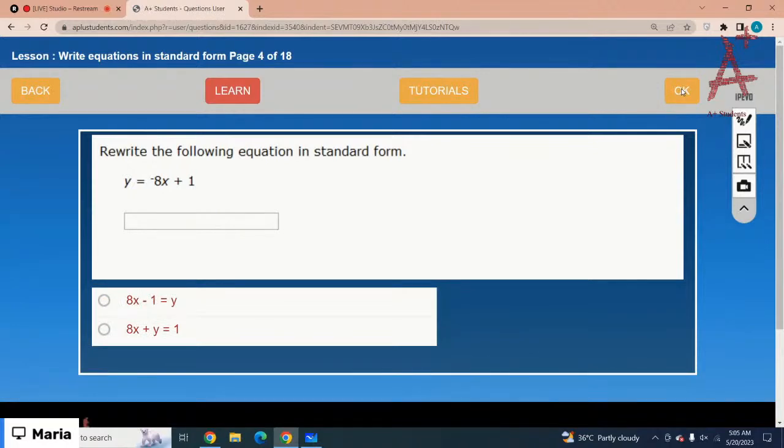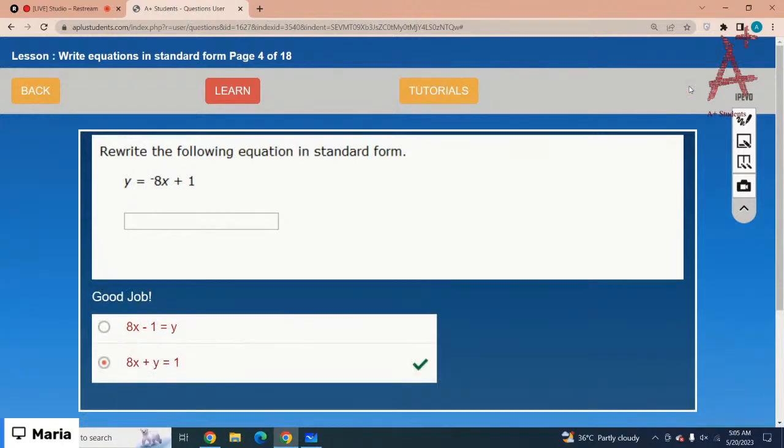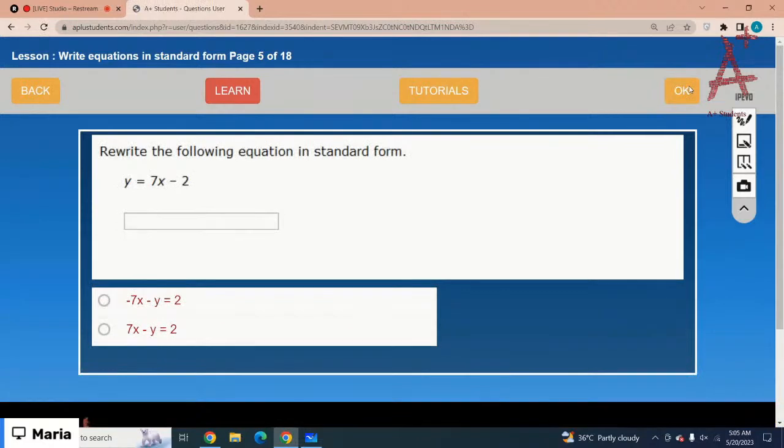Rewrite the following equation in standard form. Just move negative 8x to the other side, so it would be 8x plus y equals 1. The correct option is 8x plus y equals 1. Rewrite the following equation in standard form.